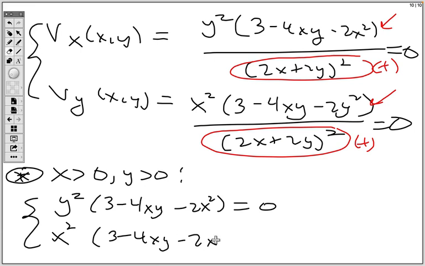And once again, if we assume x and y are both positive, then we can divide out the y squared and the x squared, and we get this interesting system of equations.